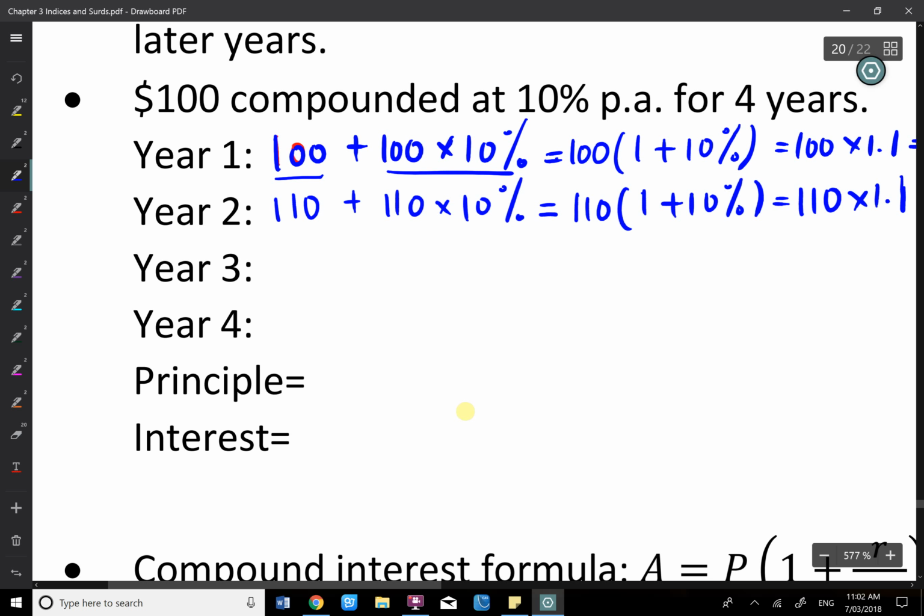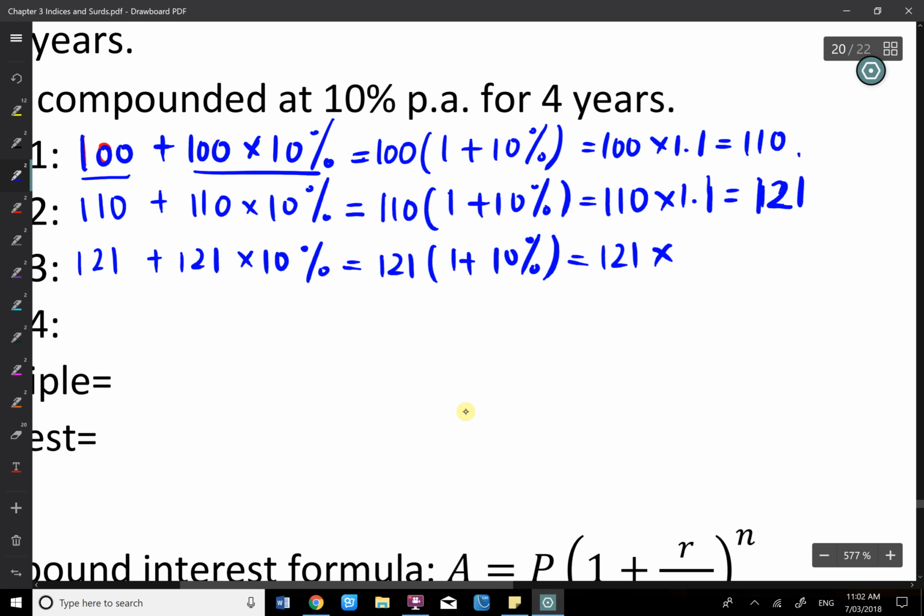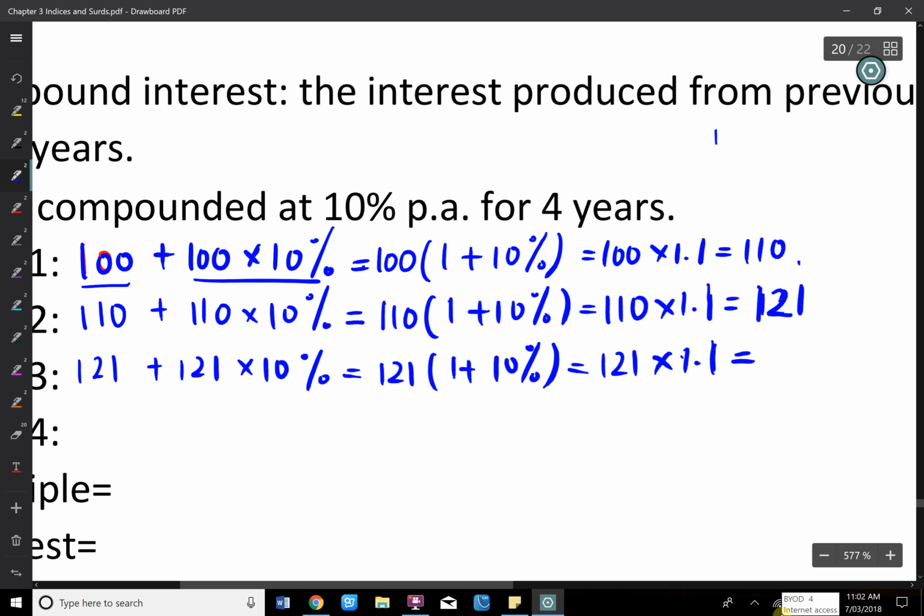So for the third year, I will start to use 121 to earn interest. Then 121 times 1 plus 10%, which equals 121 times 1.1. So we have 133.1.